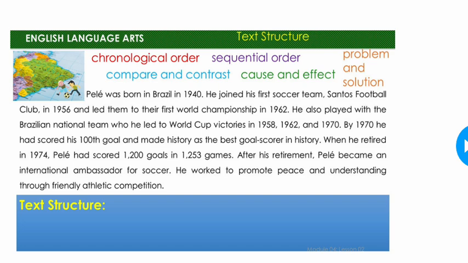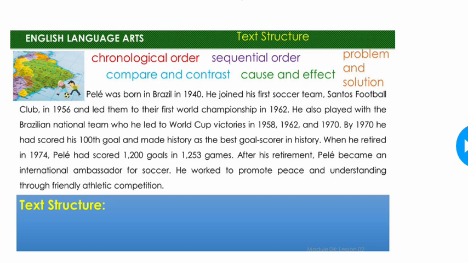By 1970, he had scored his 100th goal and made history as the best goal scorer in history. When he retired in 1974, Pele had scored 1,200 goals in 1,253 games. After his retirement, Pele became an international ambassador for soccer. He worked to promote peace and understanding through friendly athletic competition.